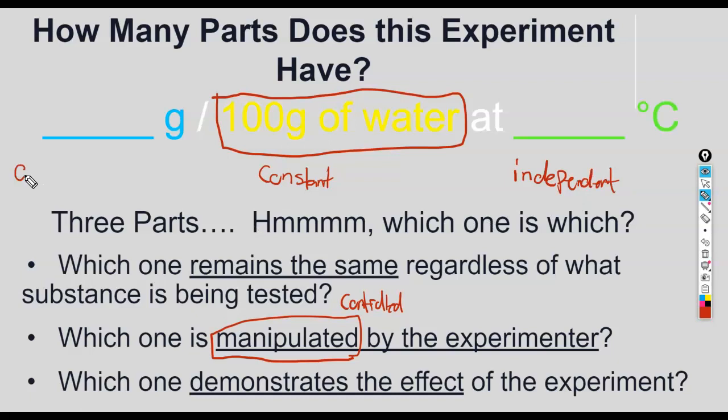That means the dependent variable is the number of grams that actually dissolves. So to do this experiment, basically you dissolve solute in solvent, you change the temperature, and then you dissolve more solute, and you keep the 100 grams of water constant.